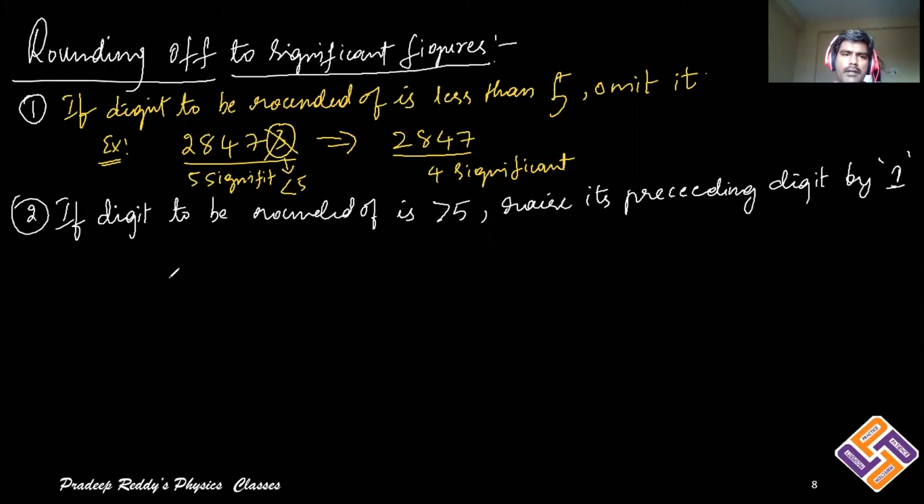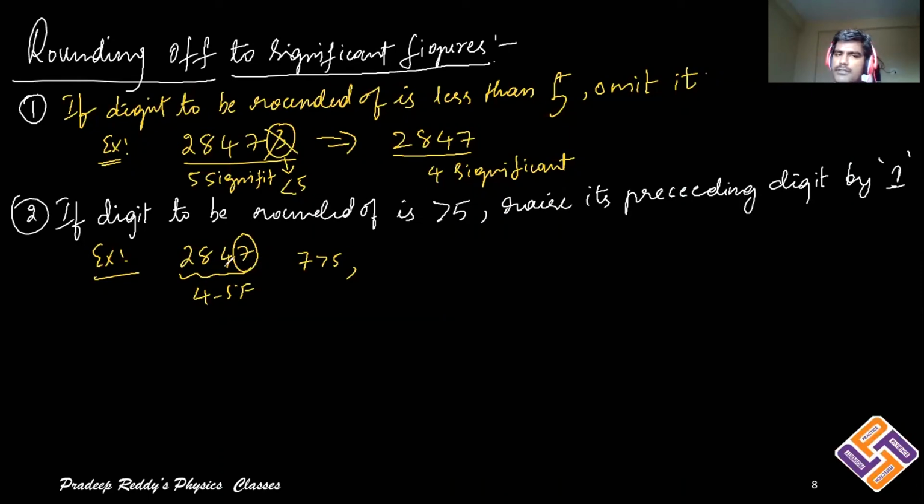For example, we have 2847. How many significant figures are there? 4 significant figures. I need to round this off to 3 significant figures, but the last digit 7 is greater than 5. Therefore, you need to raise its preceding digit by 1.